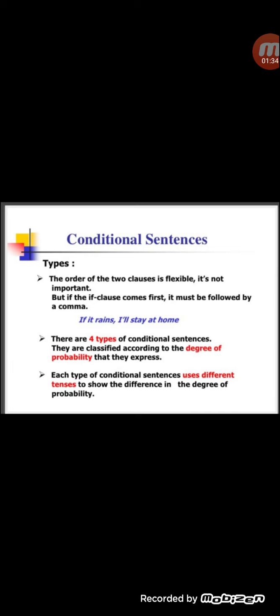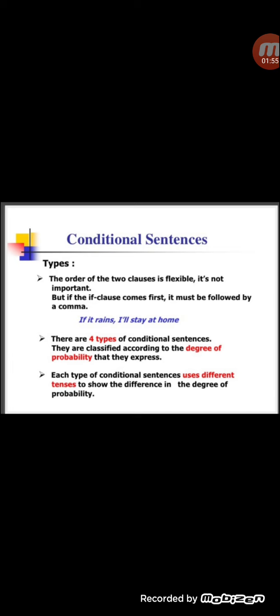See here, the order of the conditional sentence is not important. We can say I will stay at home if it rains, or if it rains I will stay at home. So the two clauses are flexible to use, we can say one after the other.